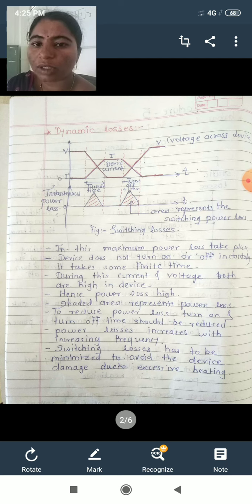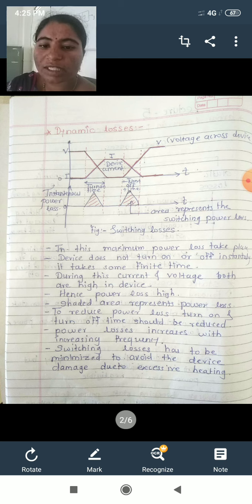During the transition, voltage and current are both high. Hence, your power loss at the time of turn off of the SCR is also high. This means maximum losses take place at the time of turn on and turn off of the SCR. This switching loss has to be minimized because in this loss, your device may get damaged due to excessive heating.